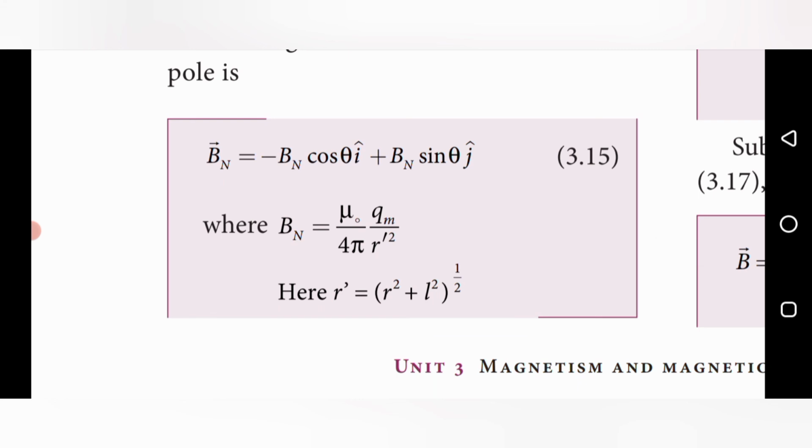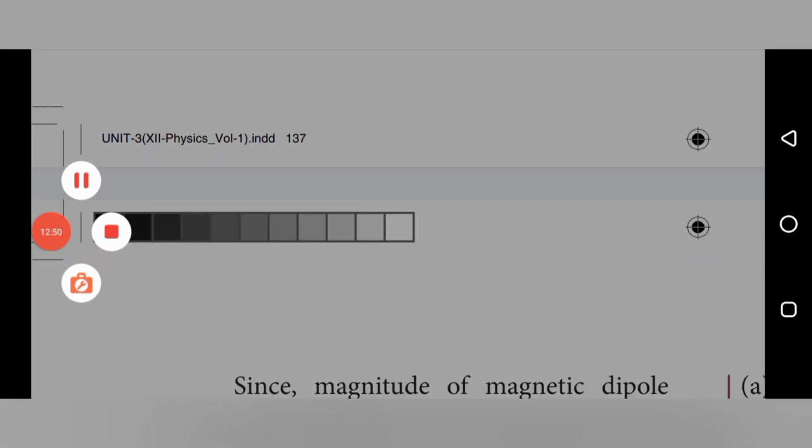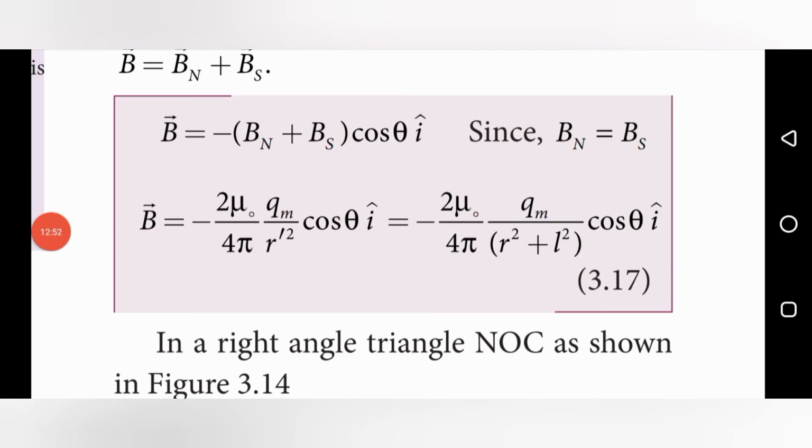So Bn is equal to mu naught by 4 pi, Qm by r dash square. Then the B vector is equal to minus two cos values, because the sine components cancel each other. So minus, taken common outside, Bn plus Bs cos theta i cap, that is the value.